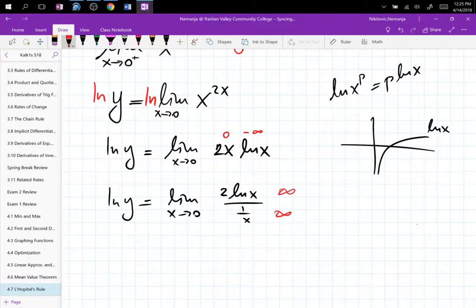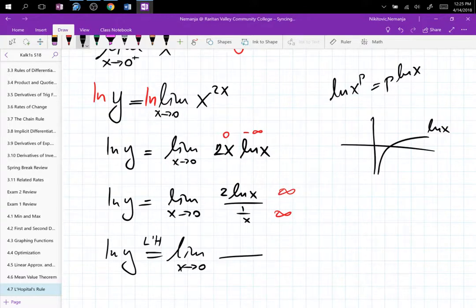So now we can hit this with derivatives. But don't forget to put L'Hopital on the equal sign. The derivative on top is 2 over x. The derivative of the bottom is negative 1 over x squared.